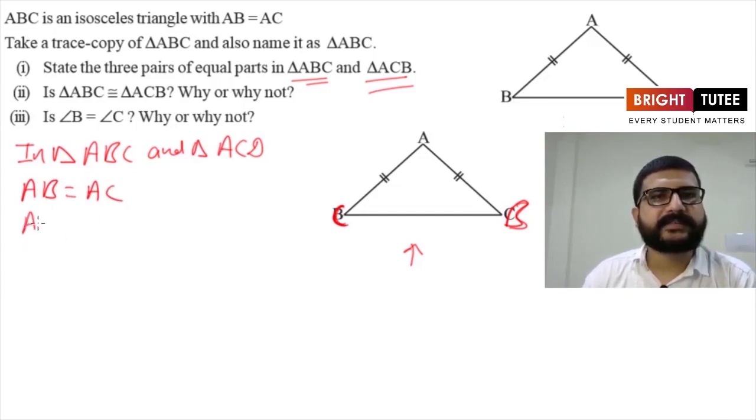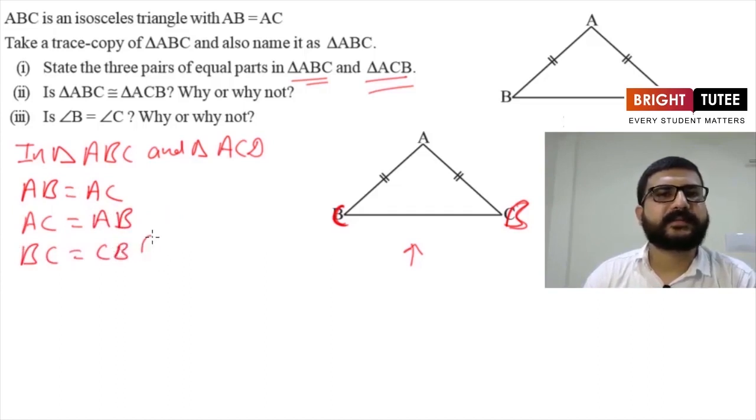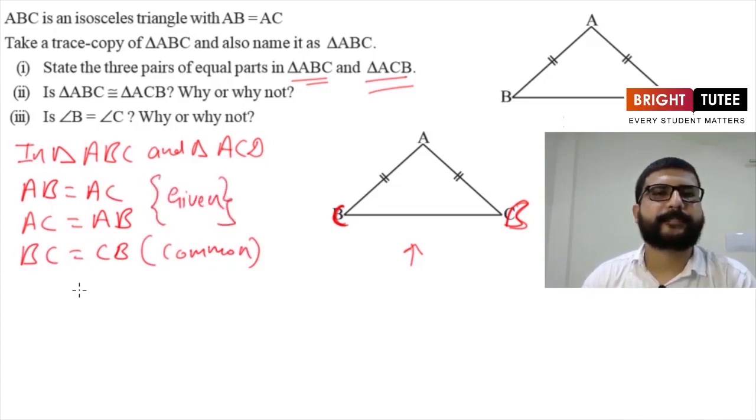We have AC equal to AB, and then BC equal to CB. This is the common side, and these two were already given to us. Now these are the three pairs of equal parts in triangle ABC and triangle ACB.